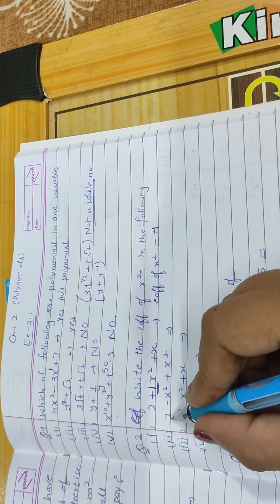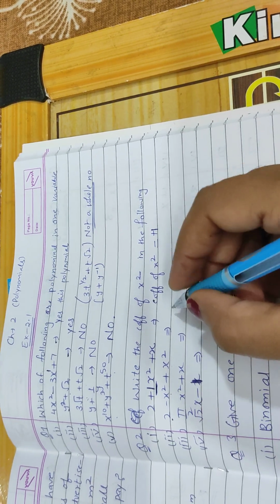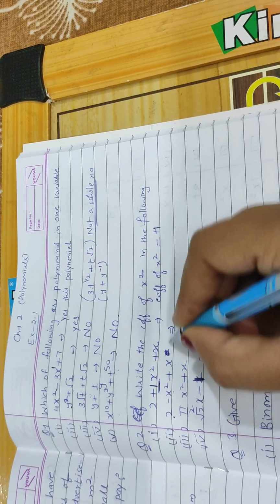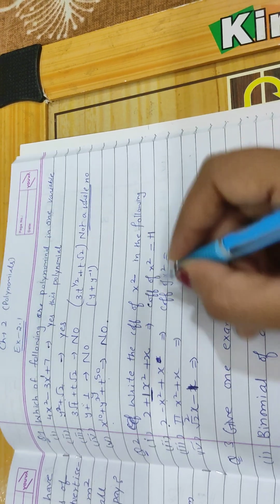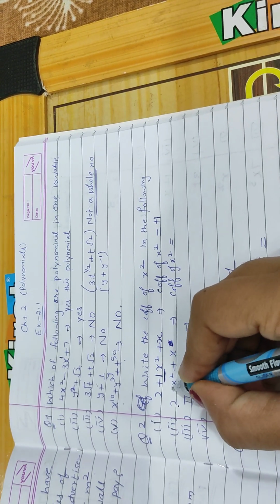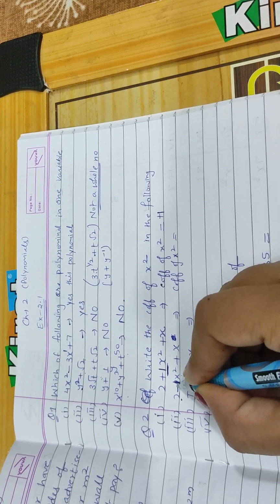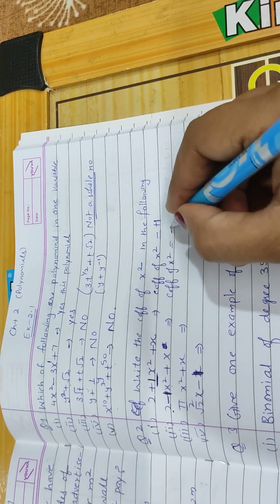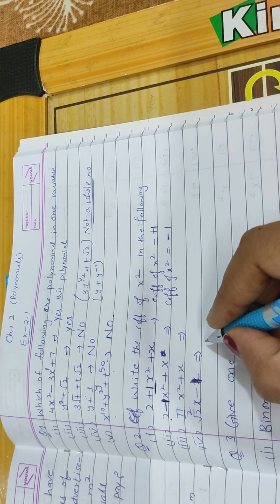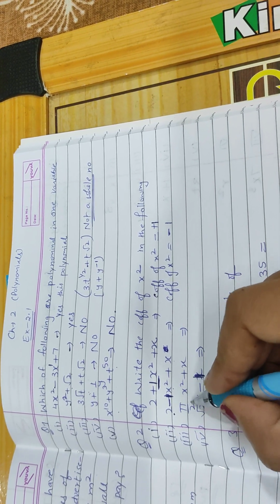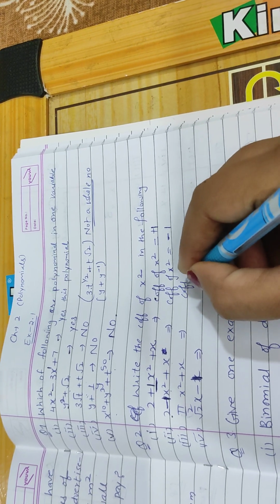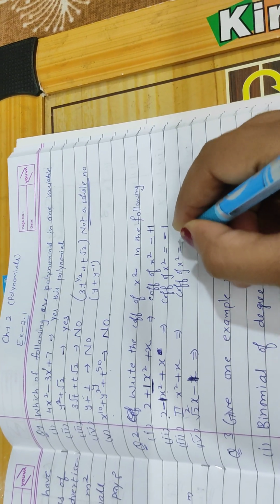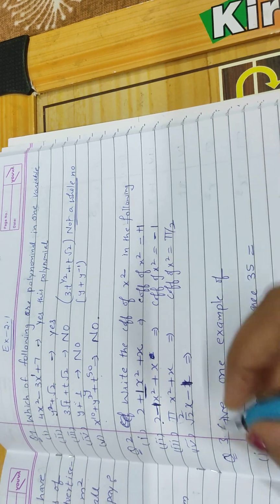Next, 2 minus x square plus x cube. The coefficient of x square is what is written in front of it, that is minus 1. And in the next one, what is written in front of x square is pi by 2. So the coefficient of x square is pi by 2.